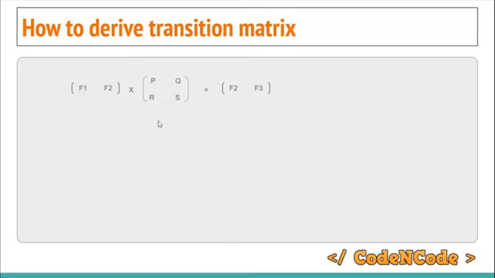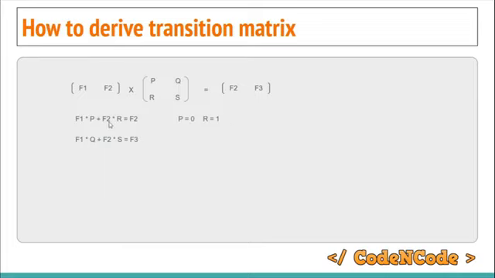All this I have explained previously, so I am not going into the details. The purpose is to find the transition matrix. We know f2 and f3: f2 is f1p plus f2r if we multiply these two matrices, and f3 is equal to f1q plus f2s. If you solve these two equations, you will find p is 0 and r is 1.